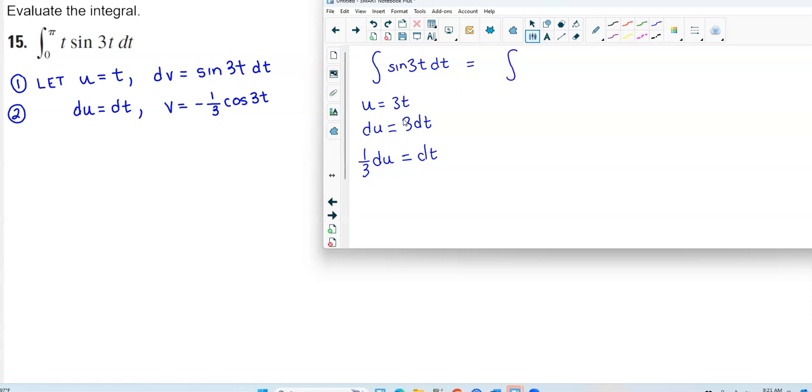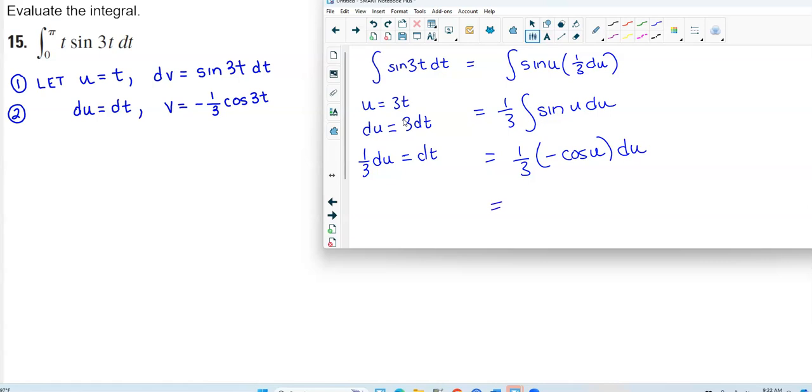And then we end up getting the sine of u times 1/3 du. So we would have 1/3 times the sine of u du. And then the antiderivative of the sine is negative cosine of u, which would be negative 1/3 times the cosine of 3t plus c. So that's how we're getting that.